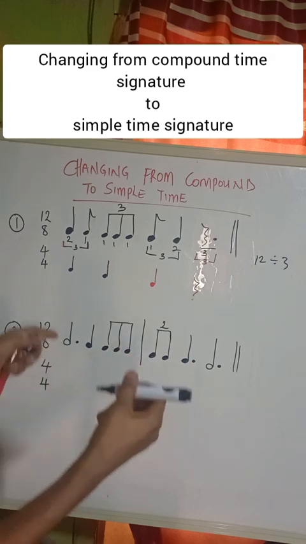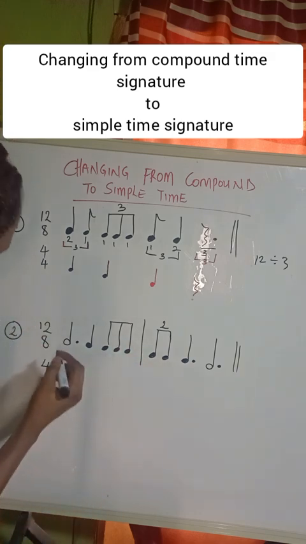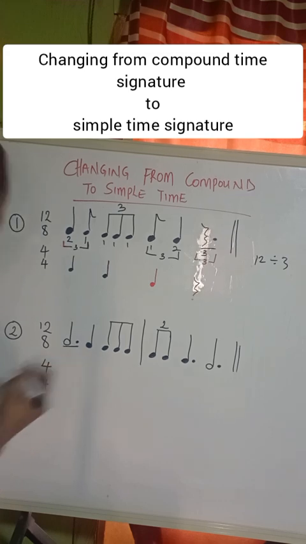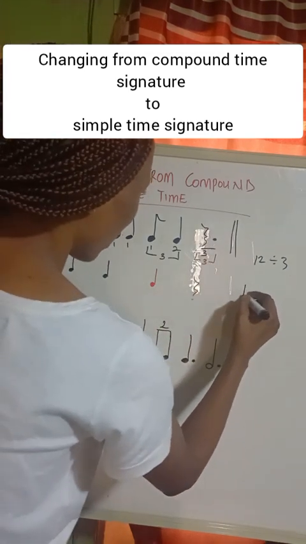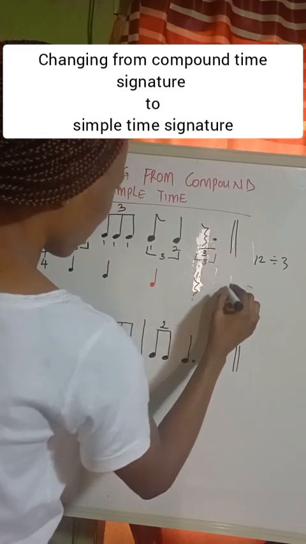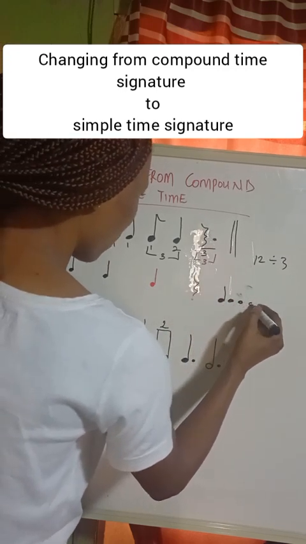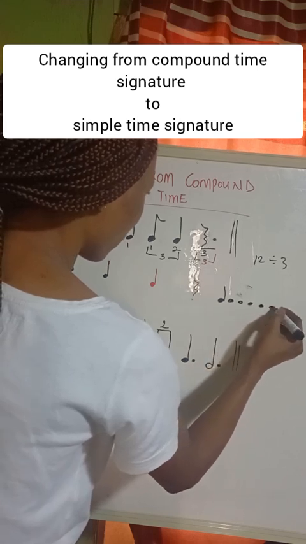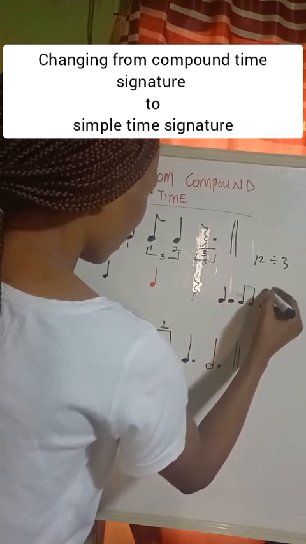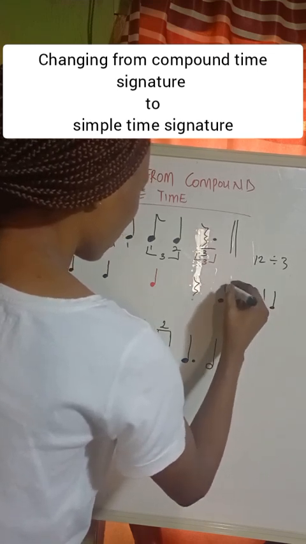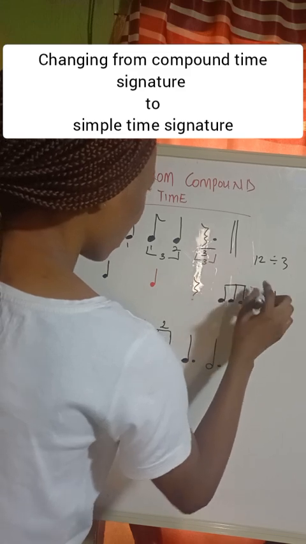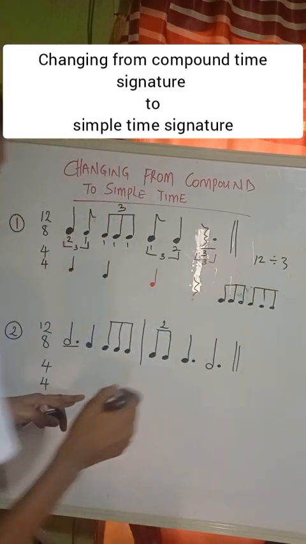If you have a dotted minim here, initially this dotted minim is 6 beats. Now let's see, how do we have 6 beats here? We have 1, 2, 3, 4, 5, 6. Let's see if we can make it to be 6.